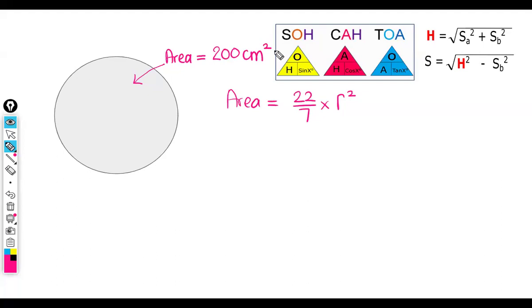So they start off by giving you the area of the circle. Here's the question now. They want you to backtrack and find the radius. In other words, they want you to find R of the circle.